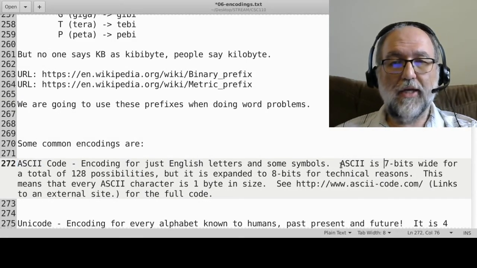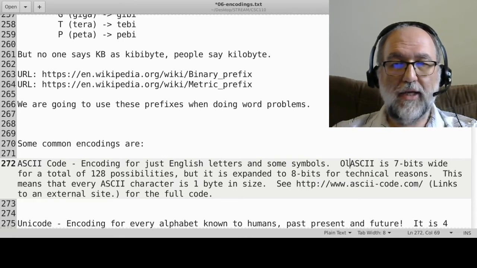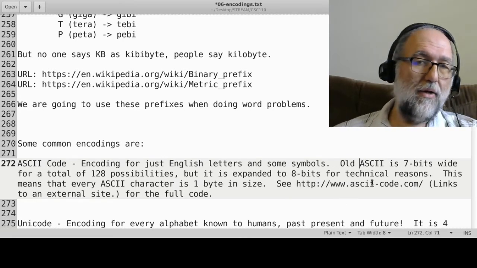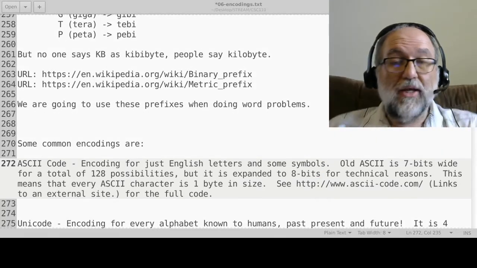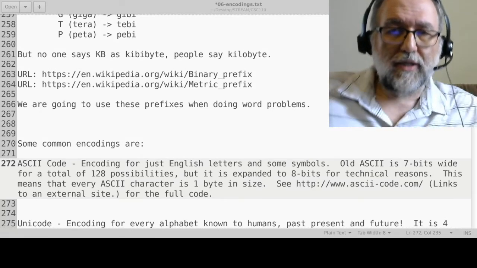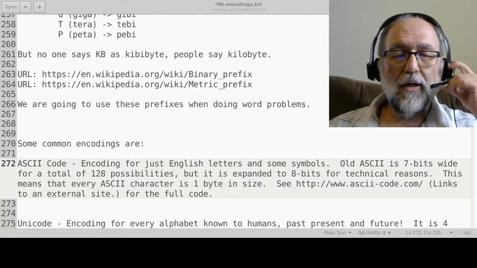The old ASCII was 7 bits wide, and the extended ASCII turned out to be 8 bits. We already studied that in detail, so there's no reason to study that anymore.